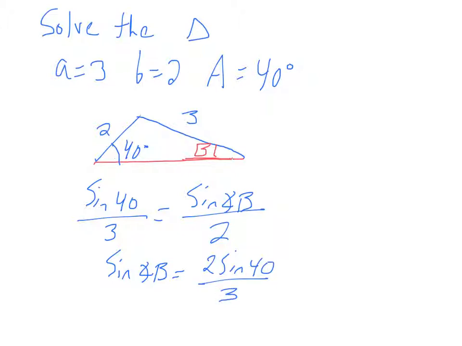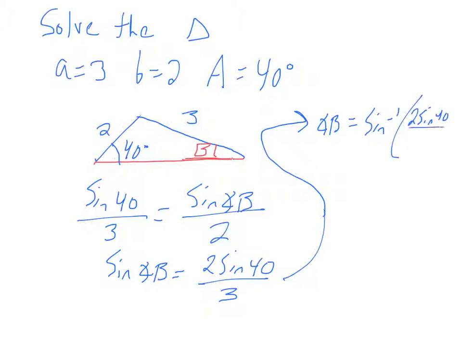And then what do we have to do? How do we get the angle B by itself? The inverse. Yep, we have to use the inverse function. We'll end up getting that angle B is equal to inverse sine of 2 sine 40 over 3.